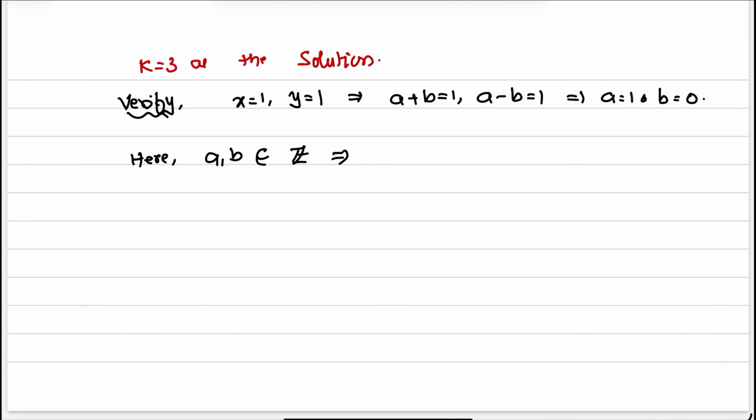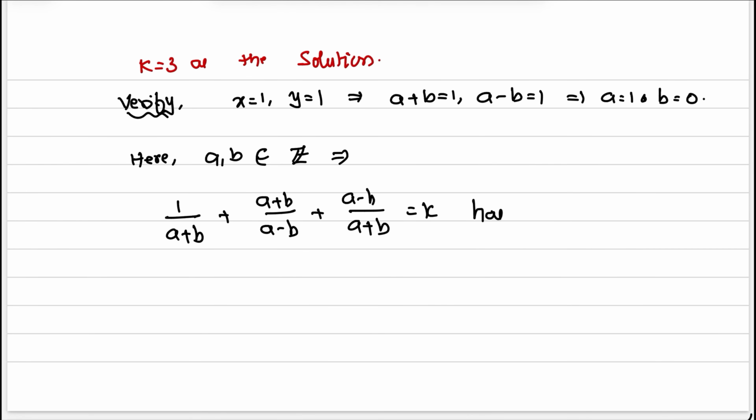That implies the given equation, 1 by a plus b plus a plus b by a minus b plus a minus b by a plus b is equal to k, has a value of k as 3 with a equal to 1 and b equal to 0 to be Diophantine.